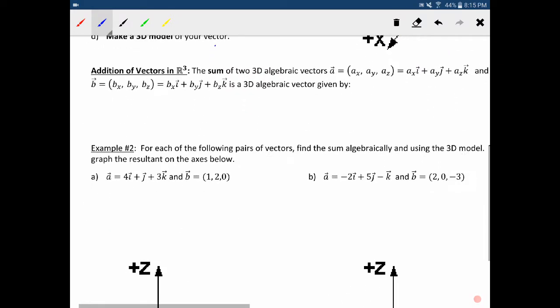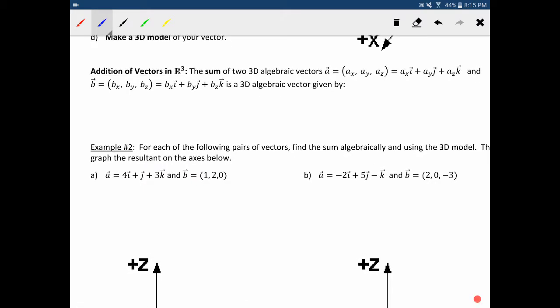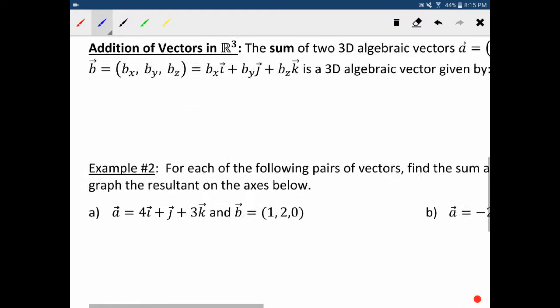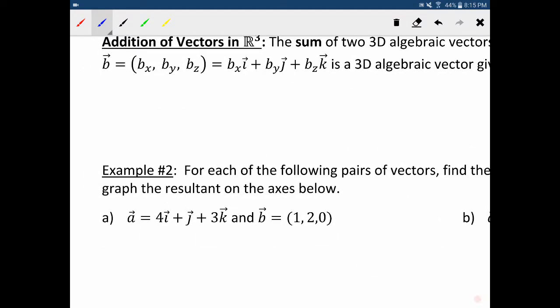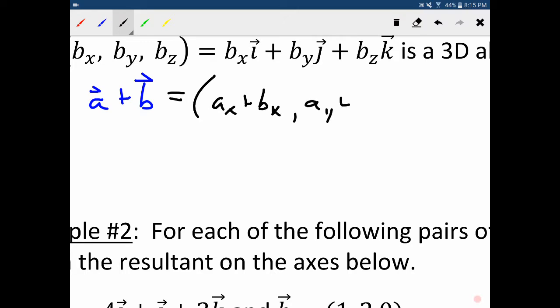We're going to take a look now at the addition of vectors in R3. This is fairly straightforward. You're just going to add the individual components, just like in two-dimensional space, except that we have a third component. So a plus b is ax plus bx, ay plus by, and az plus bz.